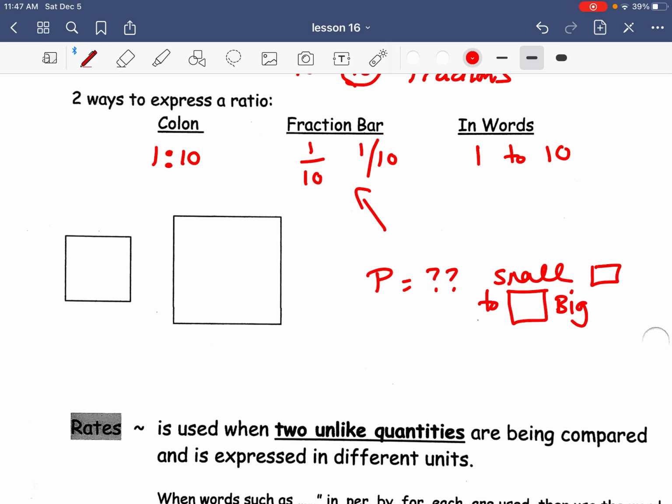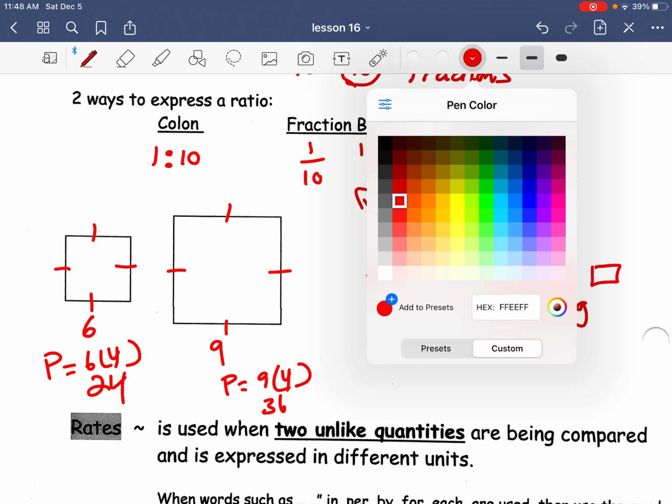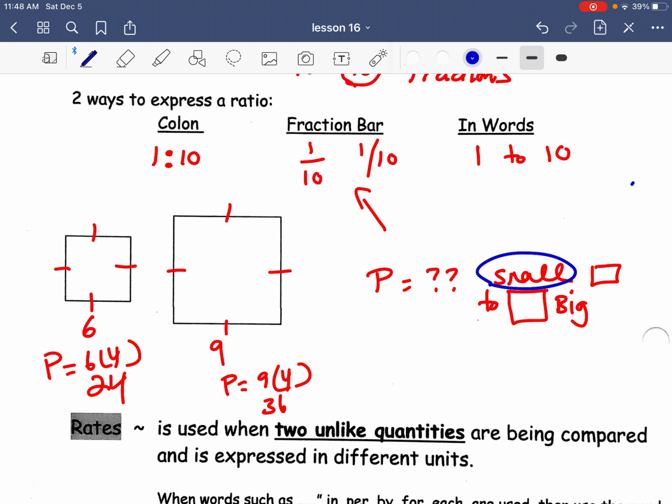So for example, if it's a square and maybe this is a 6 and this one here is a 9, the perimeter of this one would be 6 times 4, which gives you 24, and this one here would be 9 times 4, which gives you 36. If I'm comparing those two, the word small is first. Because it says this first, you must put that first. It's as easy as that.